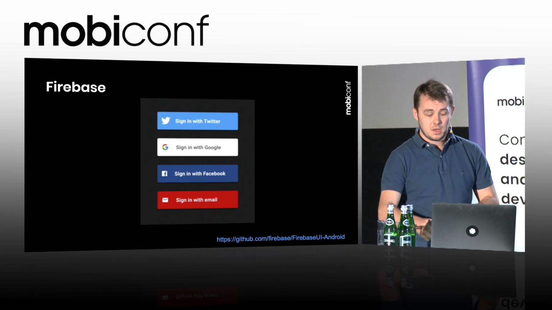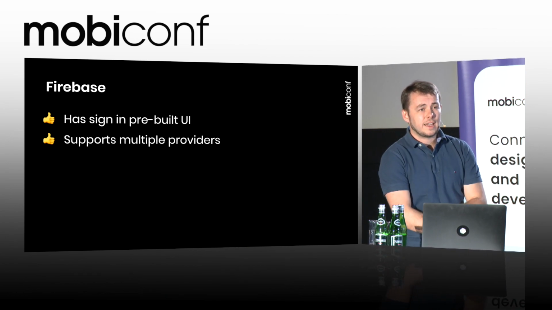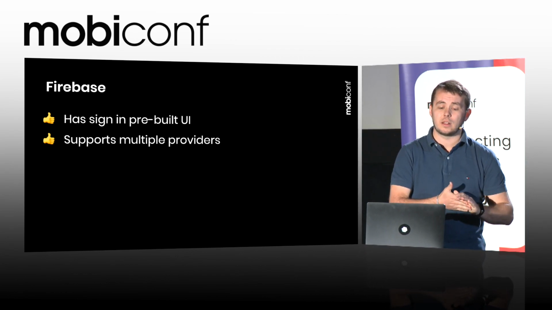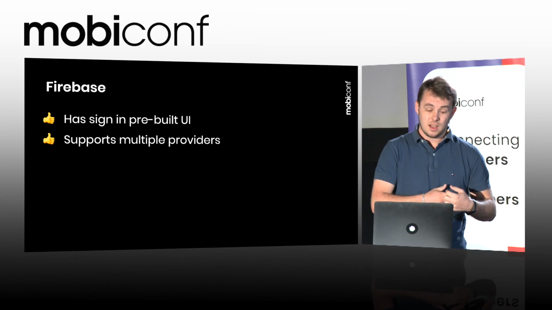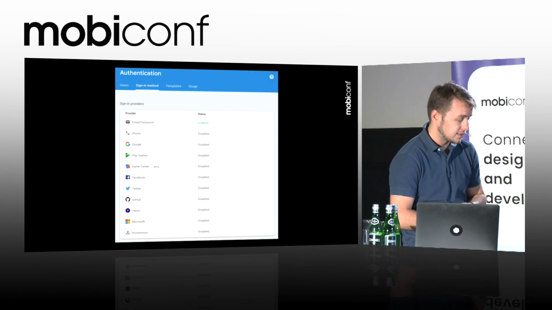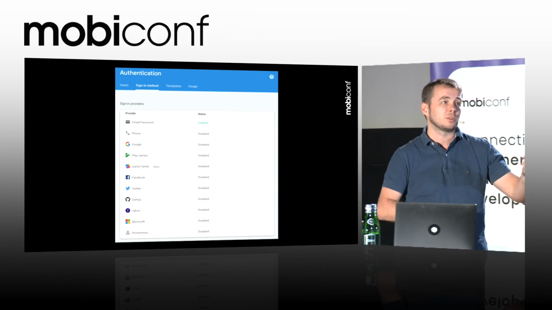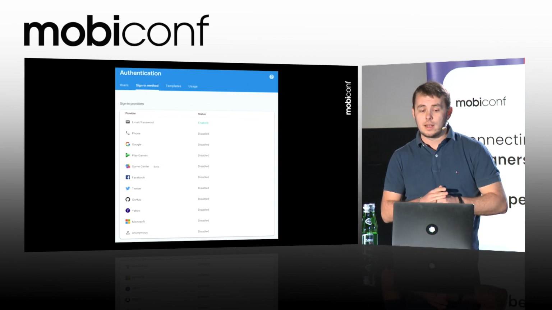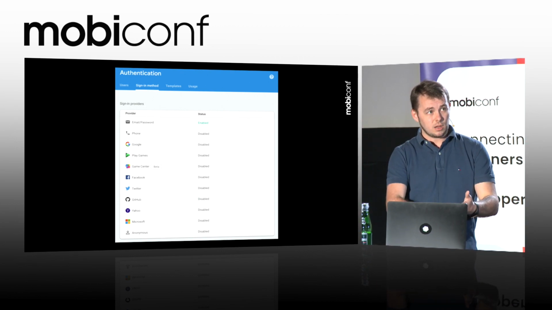Another option is that with Firebase Authentication, it's possible to bring a lot of different providers. It has support for multiple providers, which you can see here. It supports Google, Facebook, Twitter, GitHub, Microsoft, actually almost everything I mentioned. This is how the panel looks. It's also possible to do authentication with email and phone number.